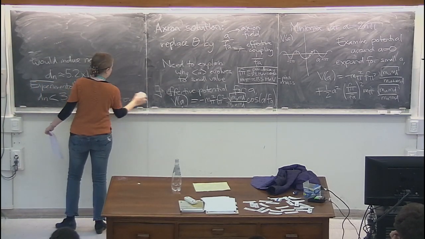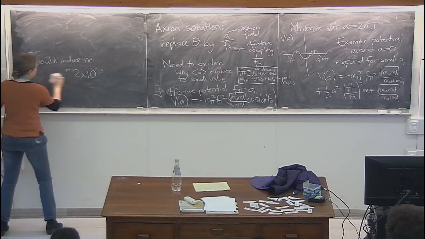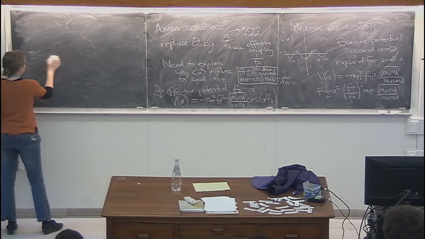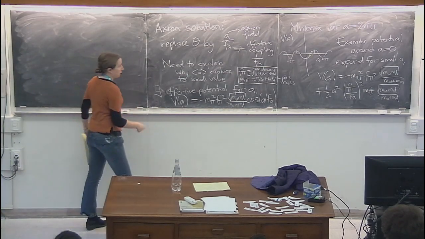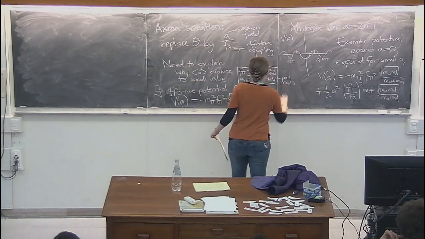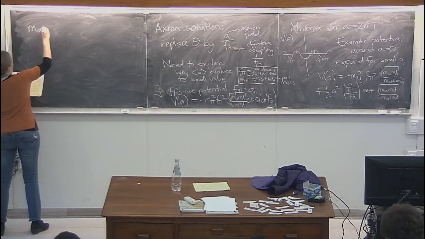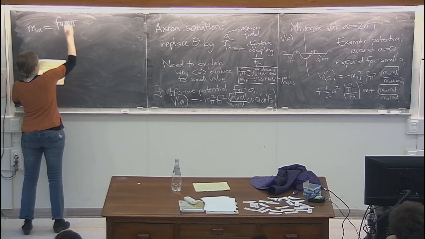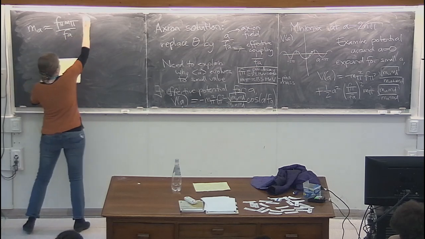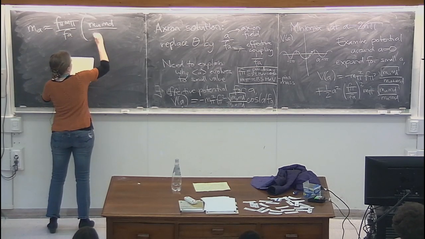So first, we've got a potential which is parabolic about its minimum, which is the generic behavior, and its mass term is basically there's this combination of quark masses, which is just going to be an order 1 number.